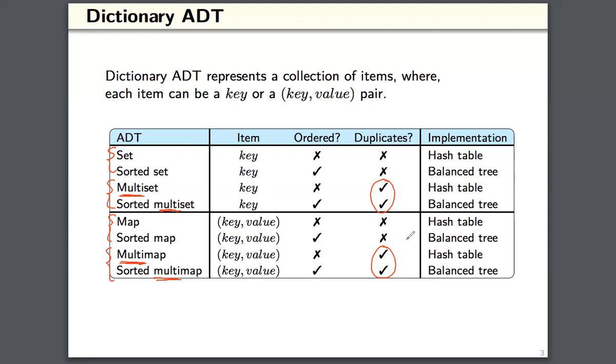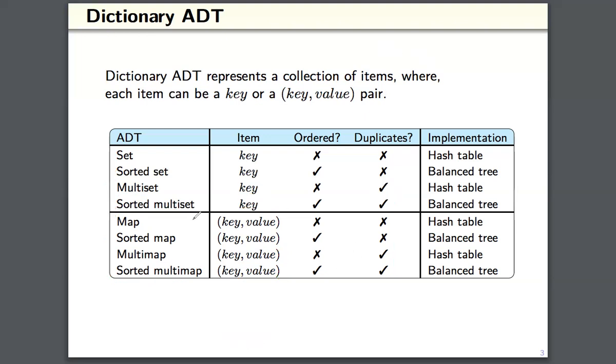Repetitions are allowed. You can have multiple keys with the same value, duplicate keys. Similarly, in a multi-map, multiple ordered pairs with duplicate keys. For example, (1, 3) and (1, 7). This is possible. Same key, so these are duplicates.